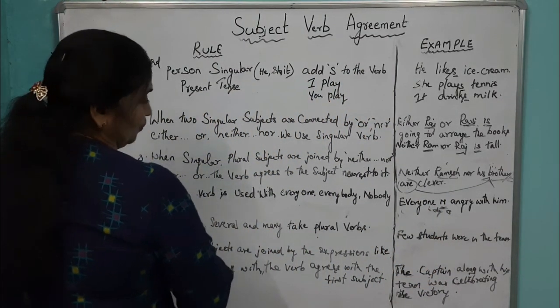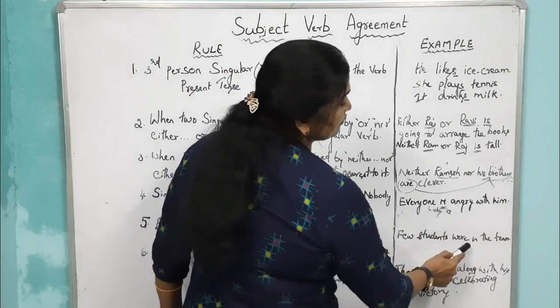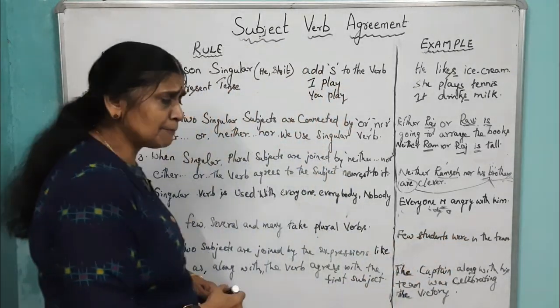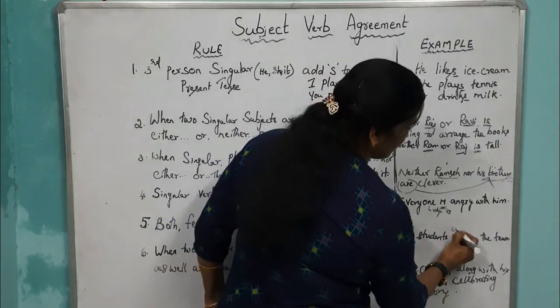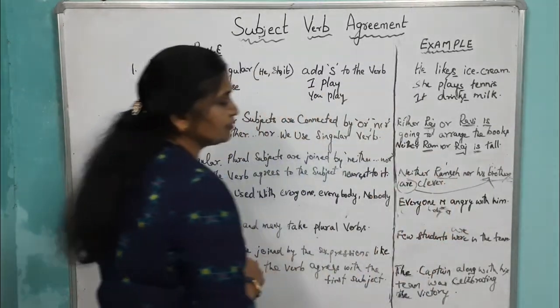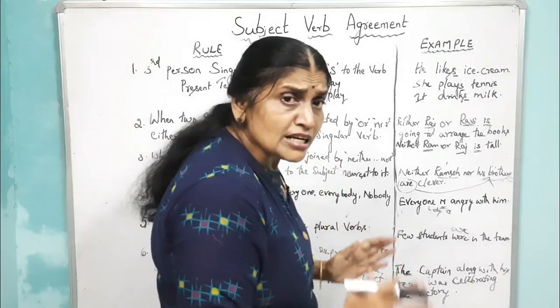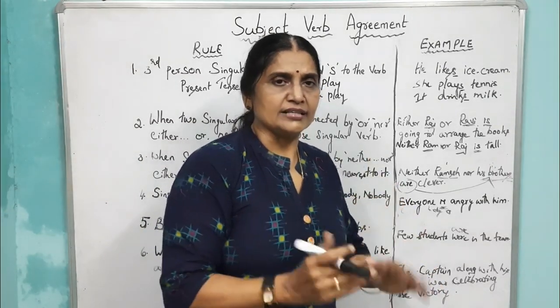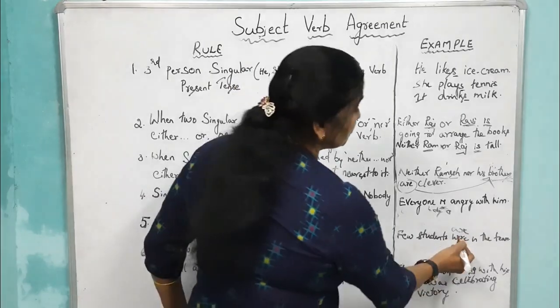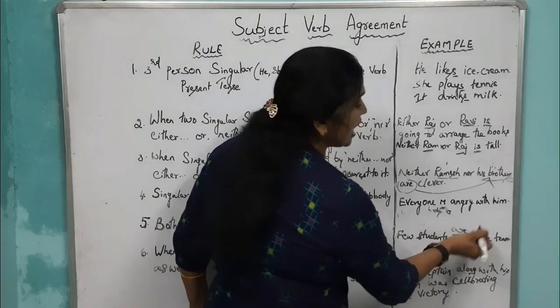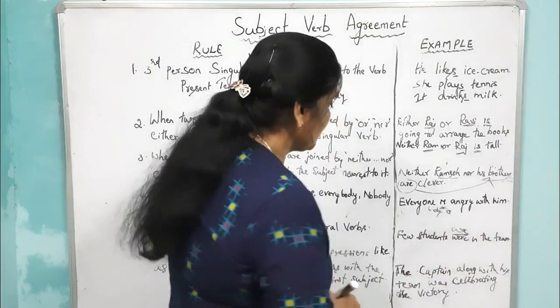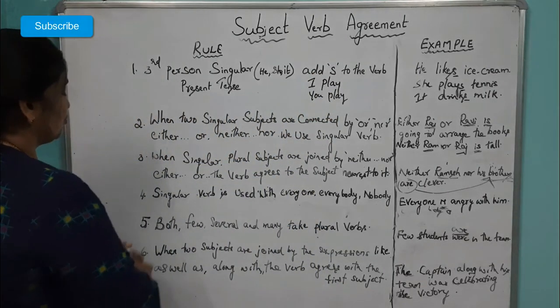I have used few. Few students were... You can use even present tense, "are" also you can use. Few students are in the team. Few students, it is taking the plural verb "are." Got it? So instead of few, you can use both.